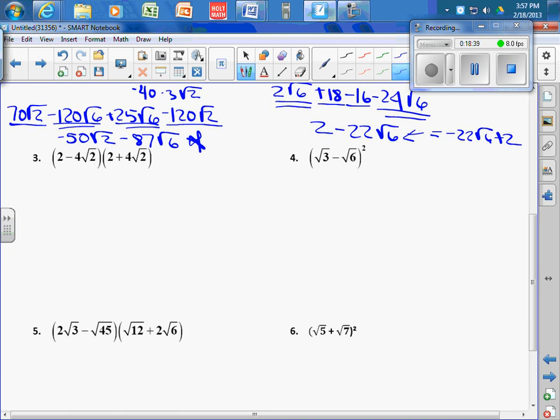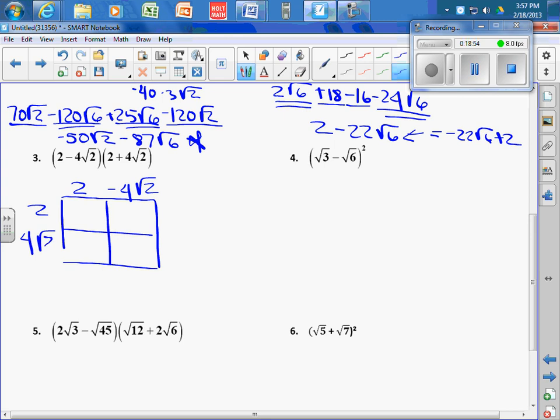Number 3, window panes. I have 2 and negative 4 radical 2. I have 2 and positive 4 radical 2. 2 times 2 is 4.